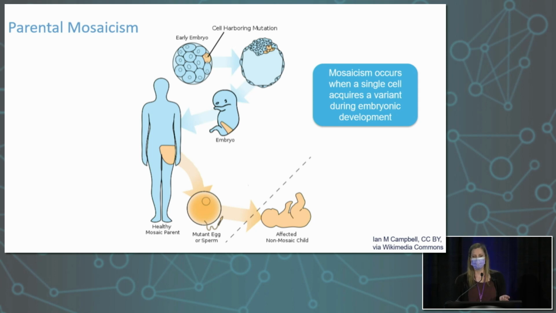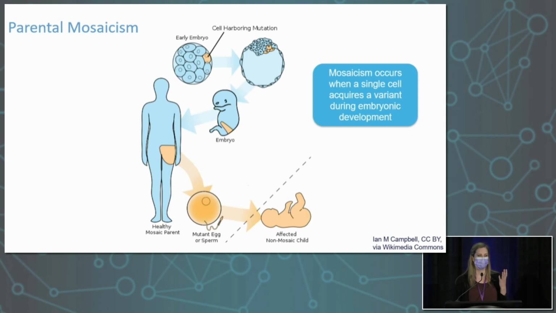So sometimes you might test a parent and you might see really low levels of that change. It's not suggesting that it's throughout their whole body, but it's suggesting that there's a small amount. That would be mosaicism.